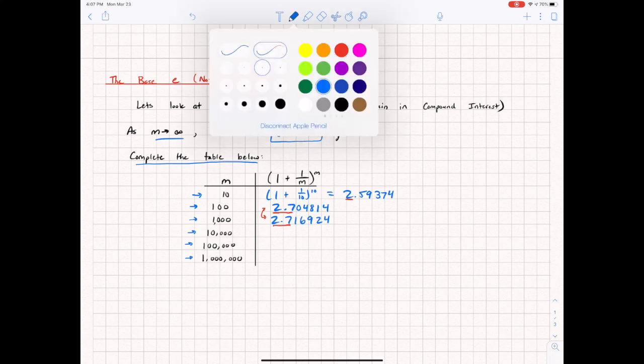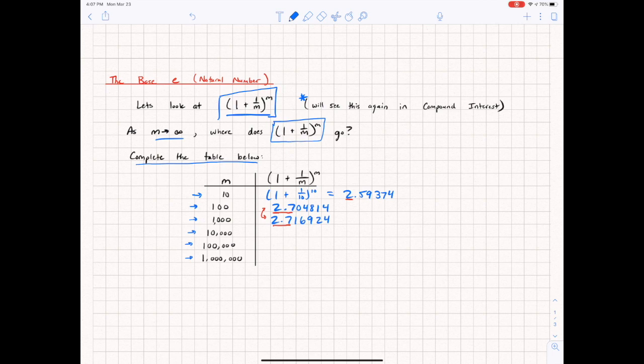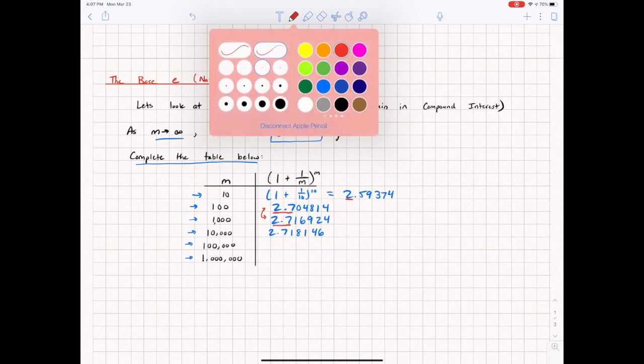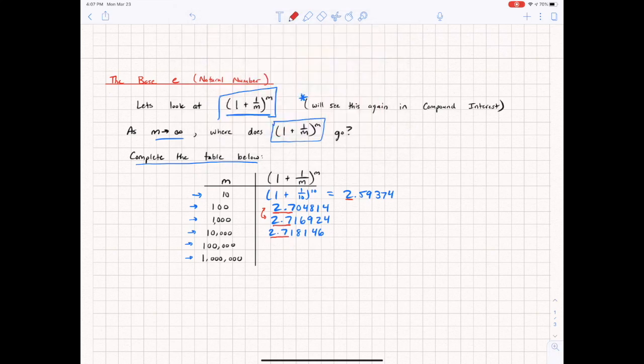And you'll see that when you do 10,000, you get 2.71846. Notice how now 2.71 becomes fixed. So we're slowly getting more and more decimal places set as I increase the values.